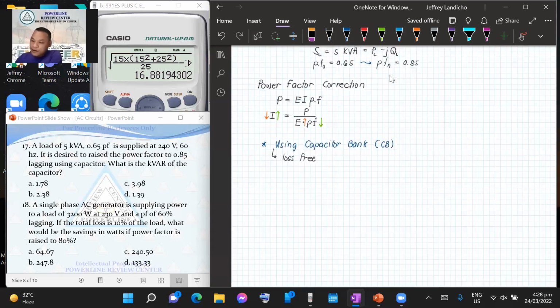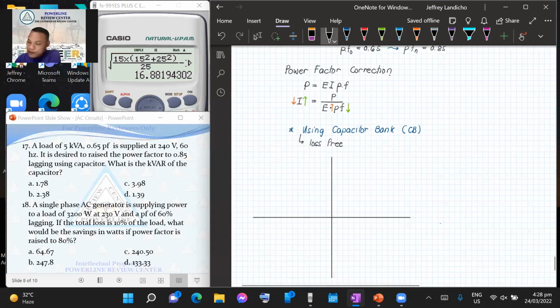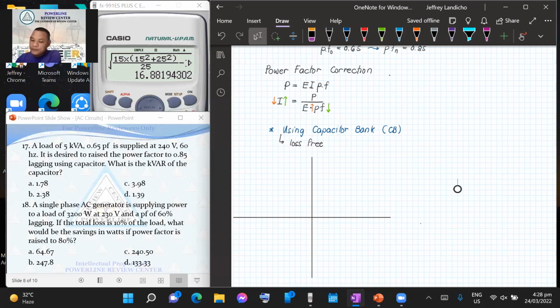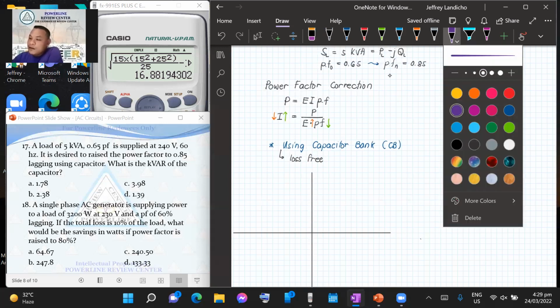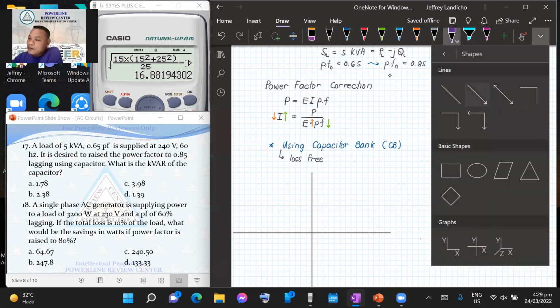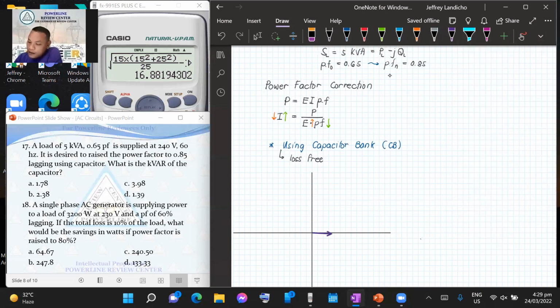Kaya kung ipa-plot natin yan using the phasor diagram, i-plot natin una yung ating apparent power of the given load. So real power, so nandito tayo sa x-axis. Sabihin natin, ito yung ating real power consumed by the load.